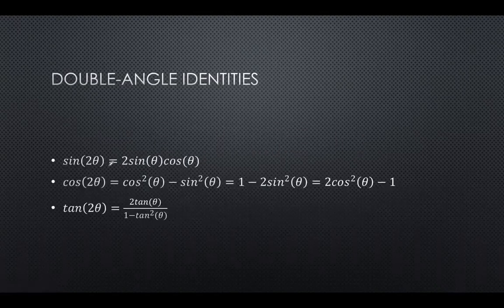The first thing we'll do today is the double angle identities. Double angle is when you have double the angle inside sine, cosine, and tangent.